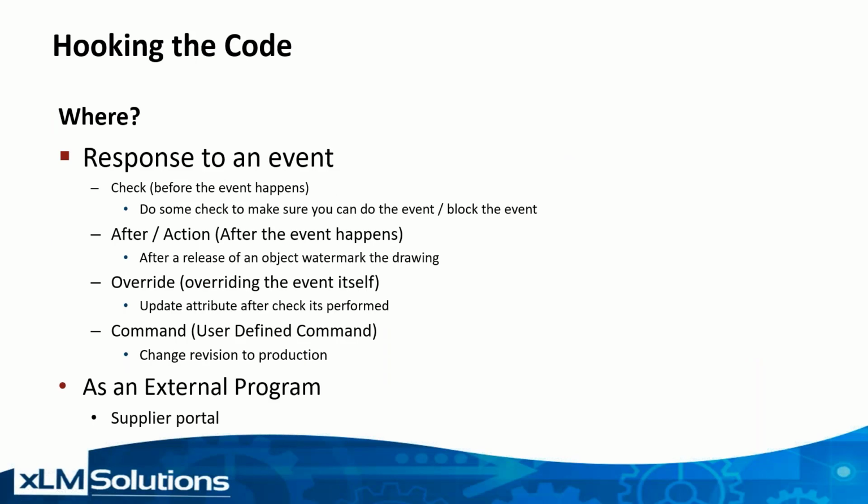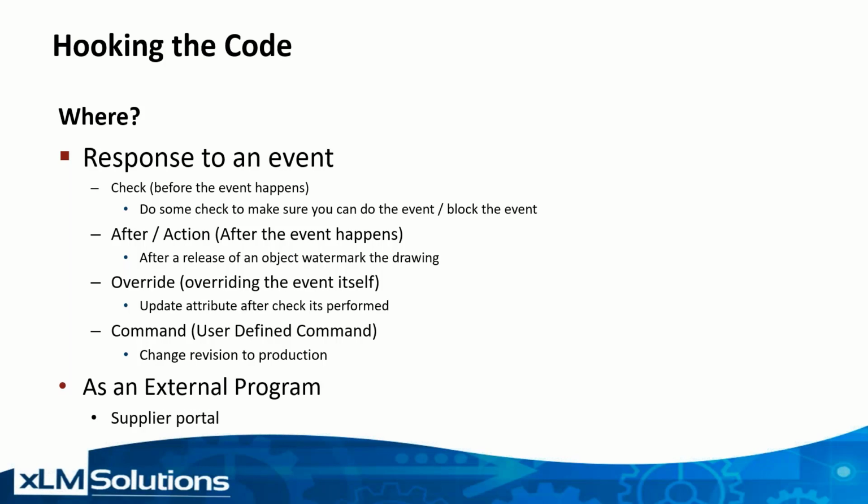So when you're going to hook in the code, where do you hook it in? There are really three or four main ways where events can be hooked in. So one is what's considered a check event, before it happens. So before you add a document to the system, run some code to check that the operation should happen.